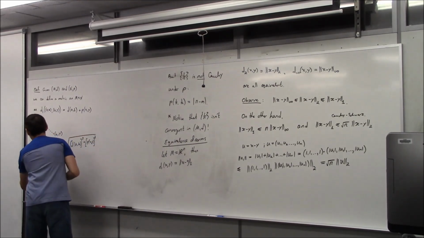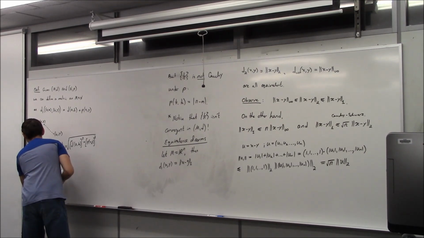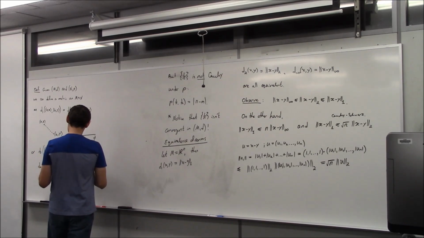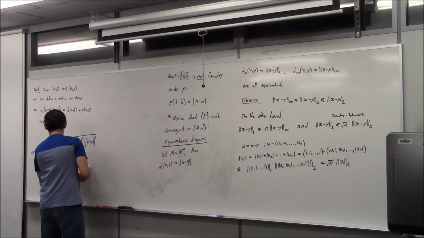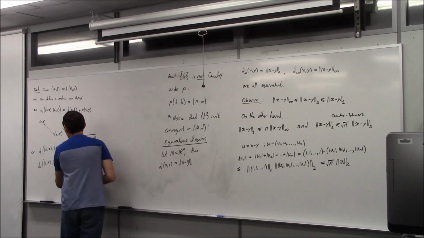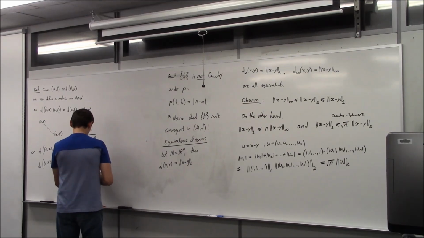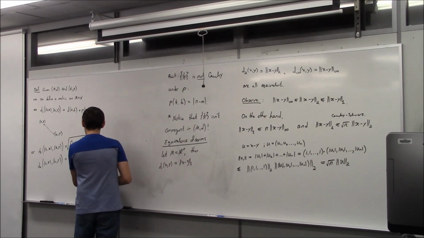Or maybe the infinity metric. That will simply be, in this case, there are only 2 points, so I can use the maximum. The maximum of the distance from a to b and rho of x to y.